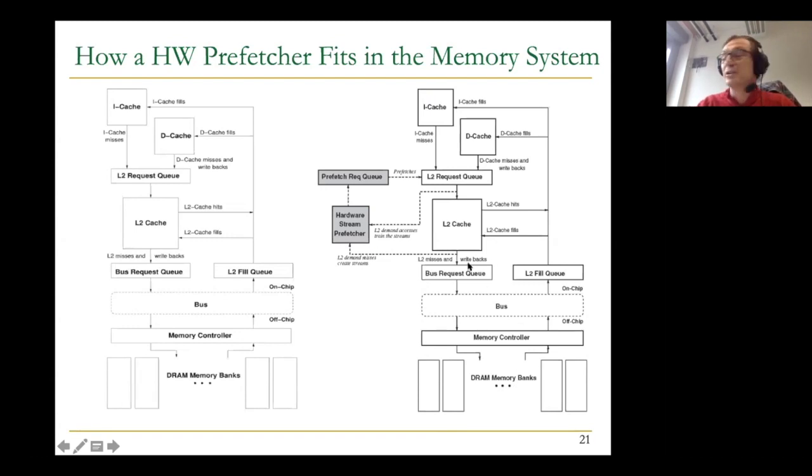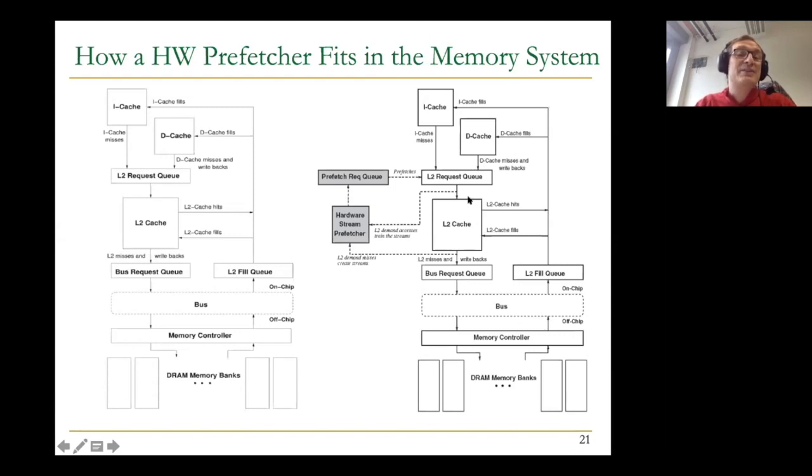So you need to be very careful. You don't want to send the prefetch request into the memory system unnecessarily. Clearly, you don't want to send a prefetch request to the memory system if you have it in the caches, and you also don't want to send a memory request that's not going to be needed by the processor. And the art and science in prefetching is really balancing all of those.